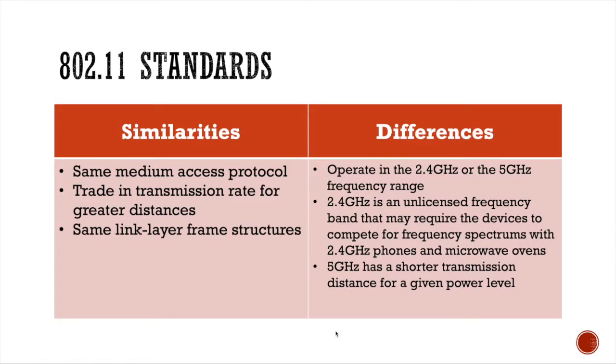Though there are different 802.11 standards, they have some traits in common. They use the same medium access protocol, trade in their transmission rate for greater distances, and use the same link layer frame structures.